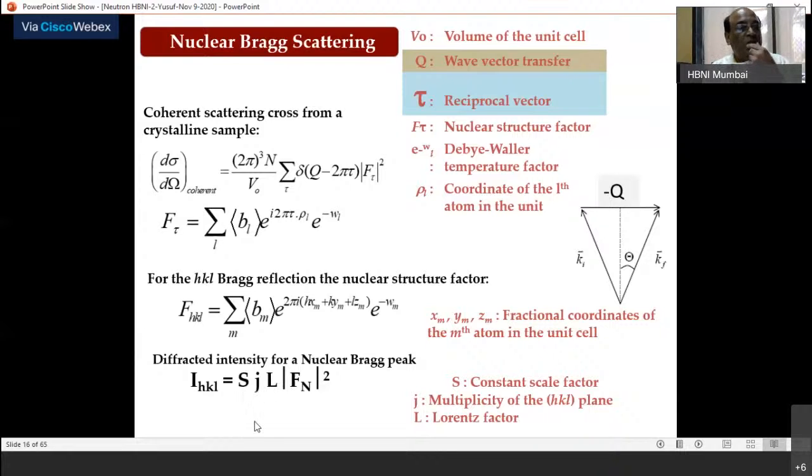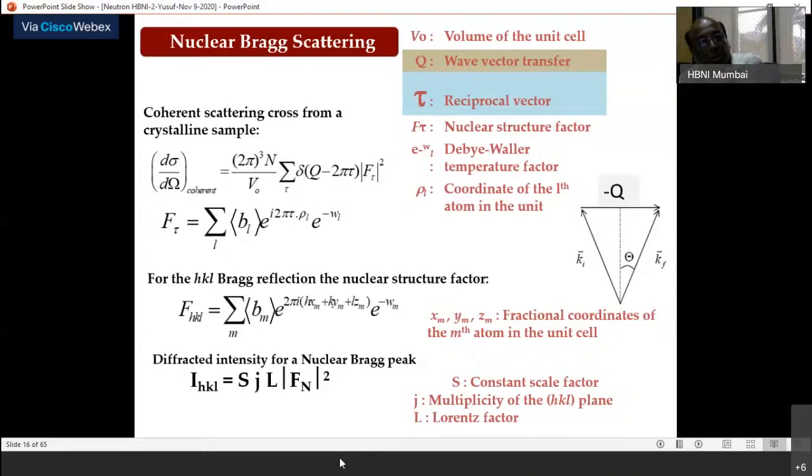Okay. Now J, what is the other one? J is called the multiplicity factor. Of course, if you do single crystal diffraction, J is always 1, because for a given orientation of the sample, you measure only one peak at a time, one HKL. But for powder samples, if you deal with a cubic sample, when you talk about the 100 peak, how many do you have?